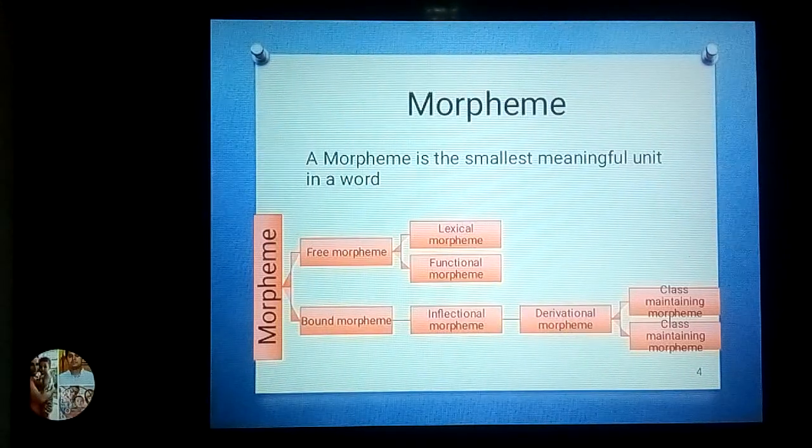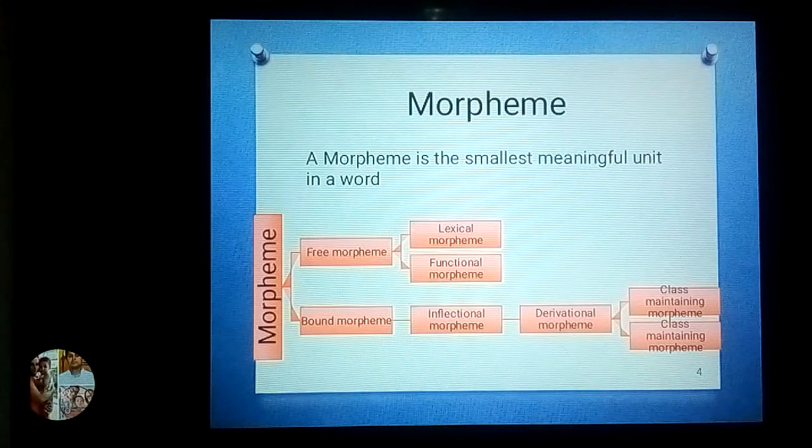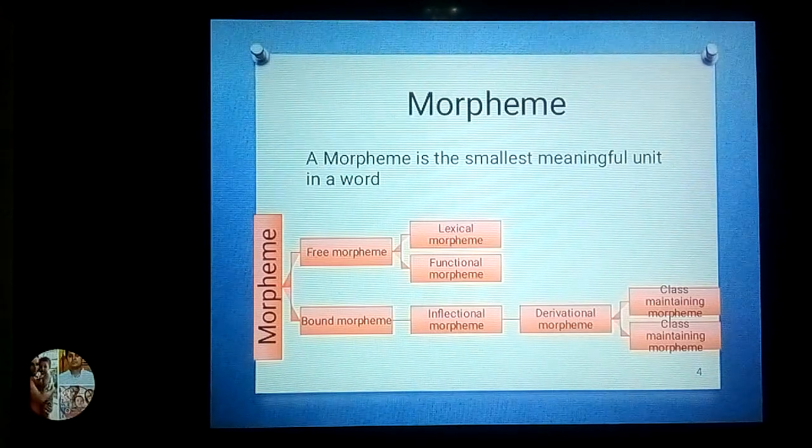Morpheme. A morpheme is the smallest meaningful unit in a word. Morpheme is of two kinds. One is free morpheme and the other is bound morpheme. Free morpheme is also of two types. One is lexical morpheme and the other is functional morpheme.